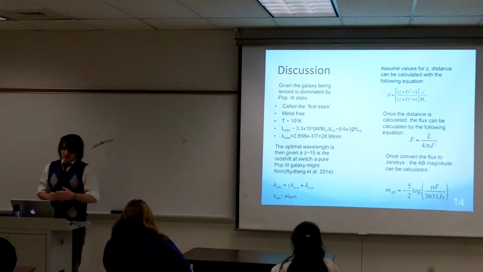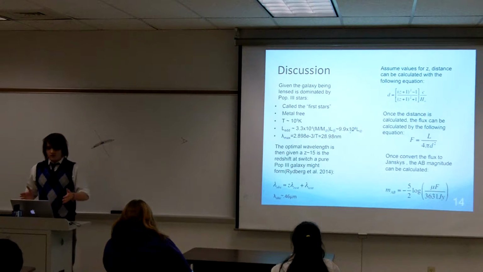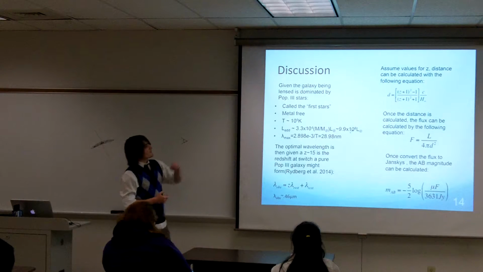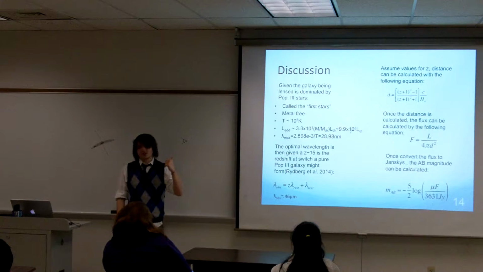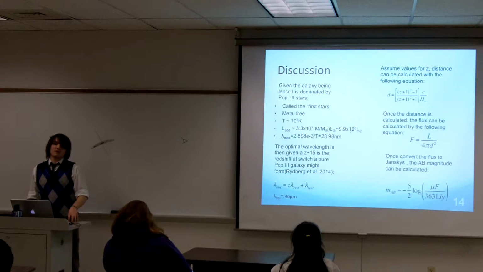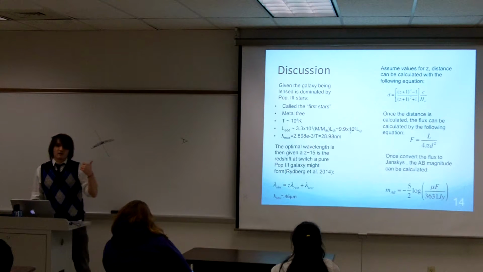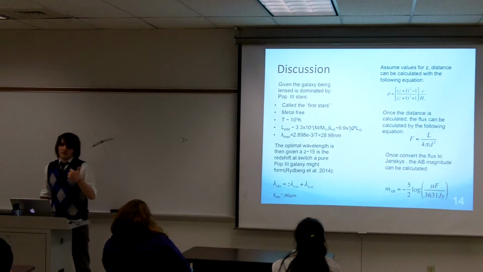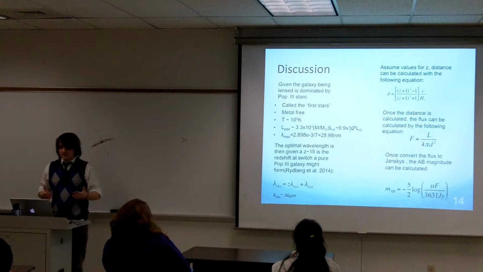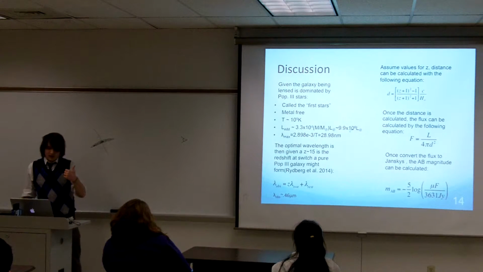So after assuming we have certain Z values, you can then calculate the distance based off the Hubble law up there. And again, it's not just the simple Hubble law, because that's only for low redshift. I made that mistake first. You have to use that one for values greater than 1. And then once you calculate the distance, you can calculate the flux.